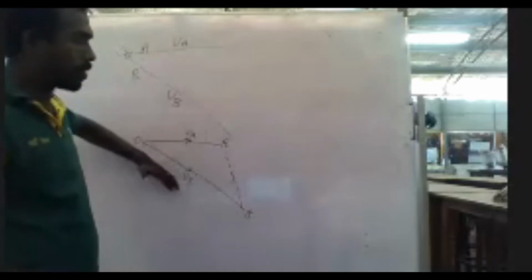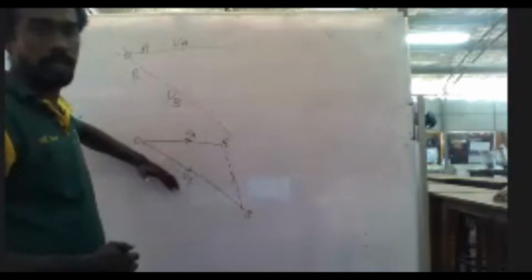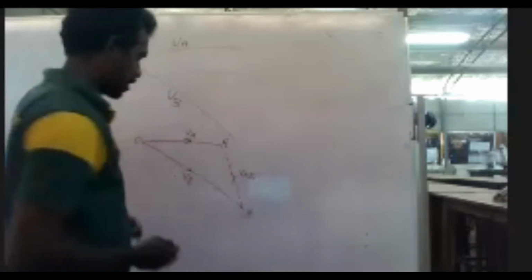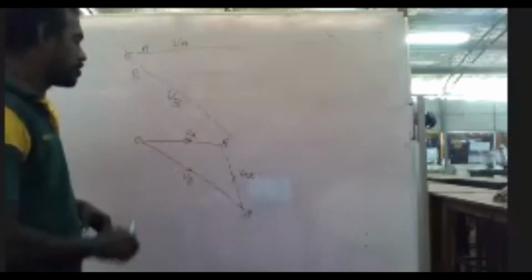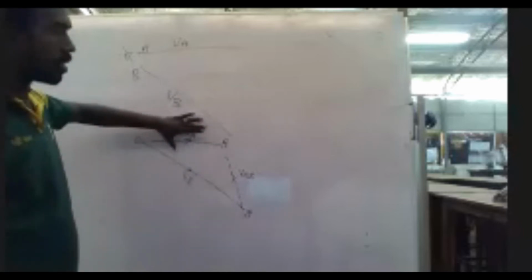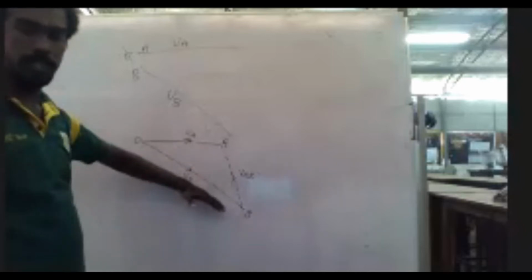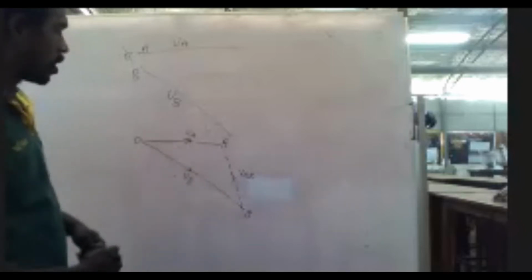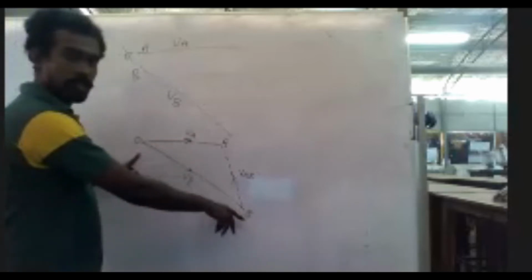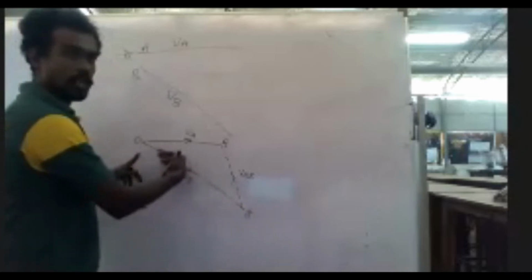Now we need to find the velocity of either A relative to B or B relative to A. Say I'm going to find the velocity of A relative to B, which means I'm going to stop B. How am I going to stop B? Since it is moving with VB this way, I'm going to apply a velocity the other way.